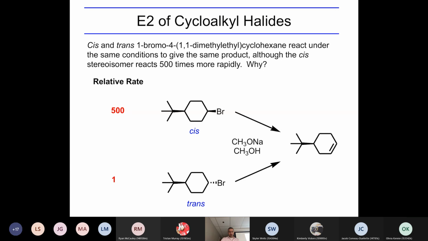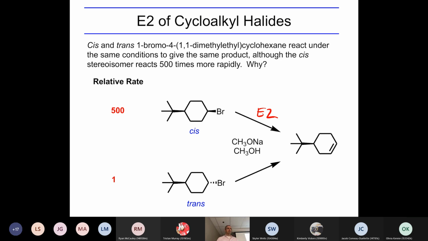Both with a small alkoxide or large alkoxide will undergo E2 elimination to give you the same product. The cis is 500 times faster than the trans. So in practical terms, if you set the top one up and it went overnight, it was done in the morning, the other one would take 1.5 years. Big difference, practically.